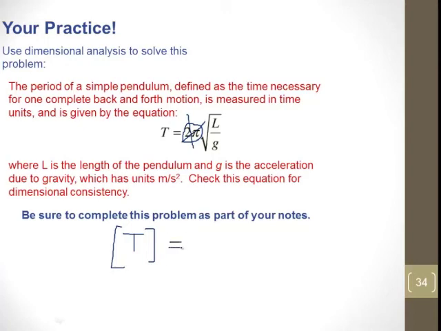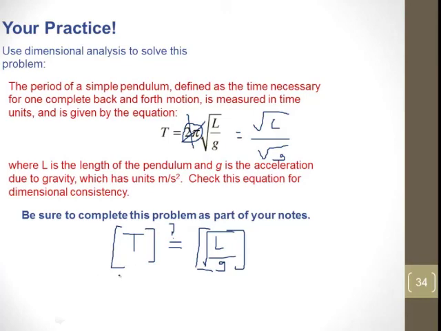And we want to see if the dimension for time, which I know is seconds, so that's pretty easy, is actually going to come out to be the same as the dimensions for, and just to make this a little simpler, I understand that the square root of L over G is exactly the same as the square root of L over the square root of G. So just in case you want to work it that way, okay? What I'm going to do here is just write this as L over G and then a square root around the whole thing. So just to make sure you understand that, okay?